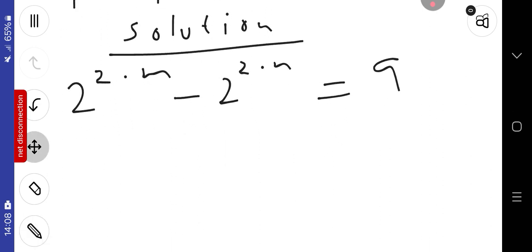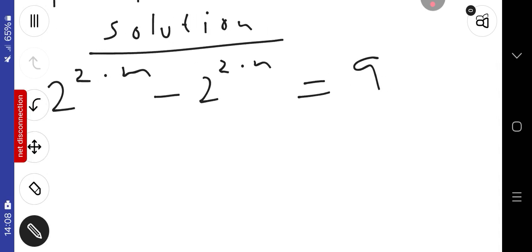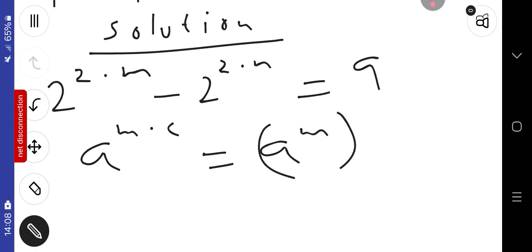Now let's introduce a concept of indices here. We know that if you're having a exponent m times c, this is the same as a exponent m multiplying an exponent of c. Now let's apply this concept to our equation.